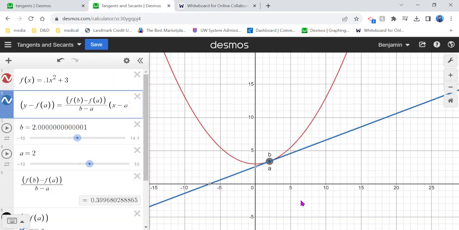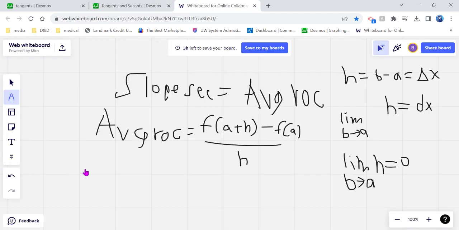So as the secant line approaches this tangent line, we can say that the slope of the secant line approaches the slope of the tangent line. And we find that by taking the limit as h approaches 0.